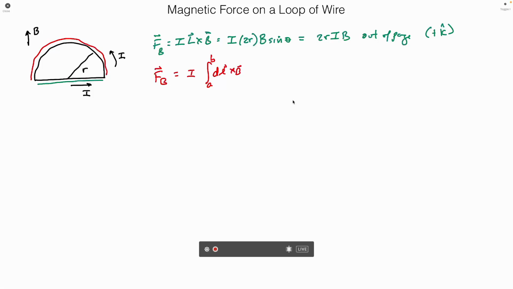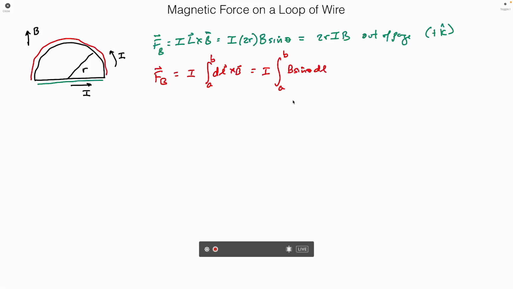Okay, so I've got to figure out what the parts of this integral are. Well, I know the current. That's easy. A to B. So the cross product here becomes B sine theta dl. I kind of switched some things around in there, right?